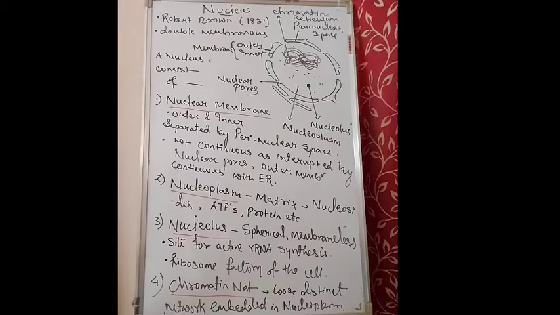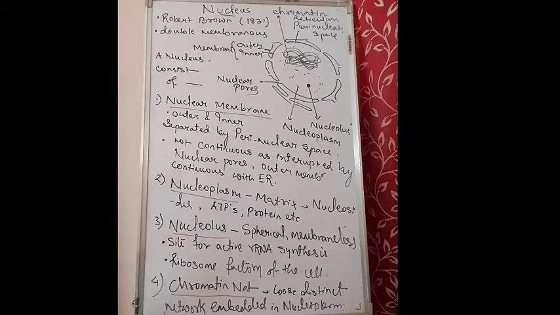Now one more thing, there are two types of chromatin network known as euchromatin and heterochromatin. Within the chromatin reticulum, some parts are densely packed, tightly packed. Then it is known as heterochromatin.